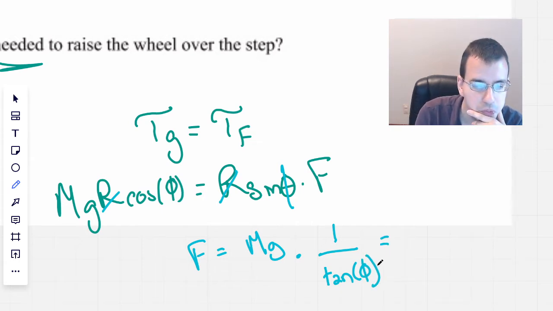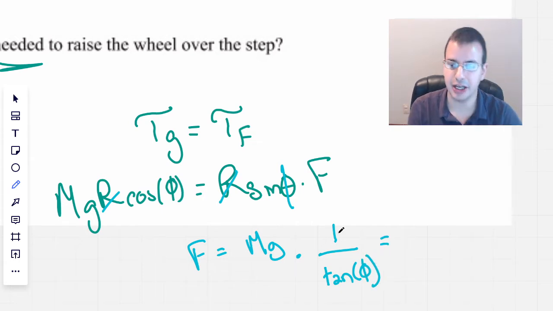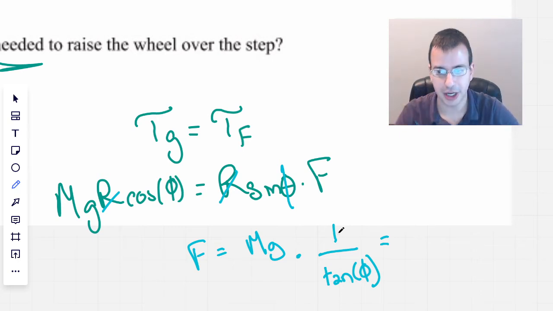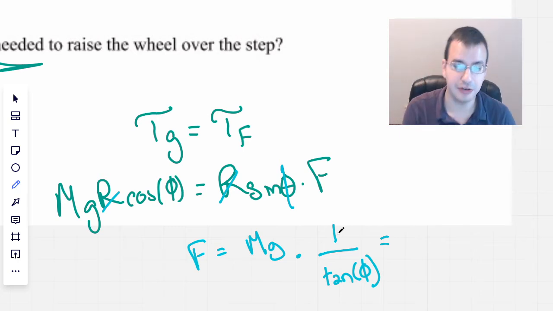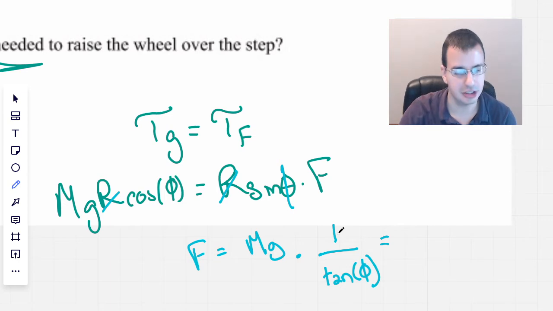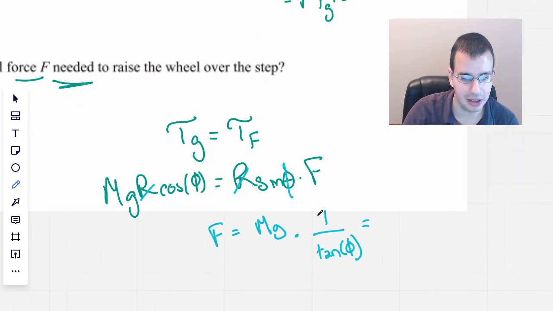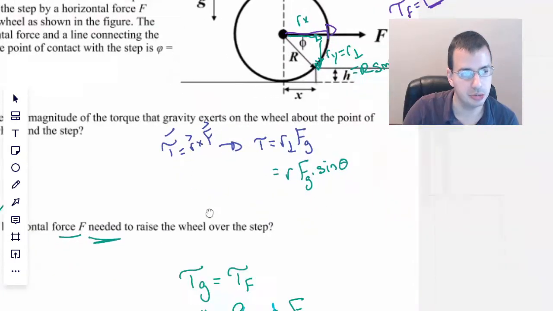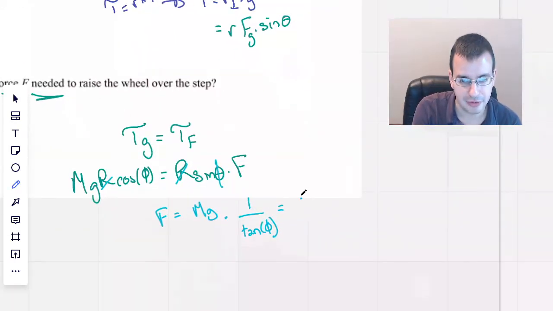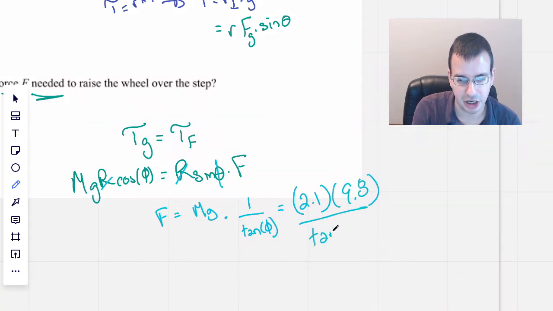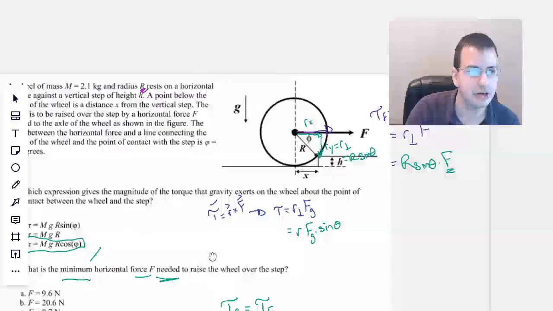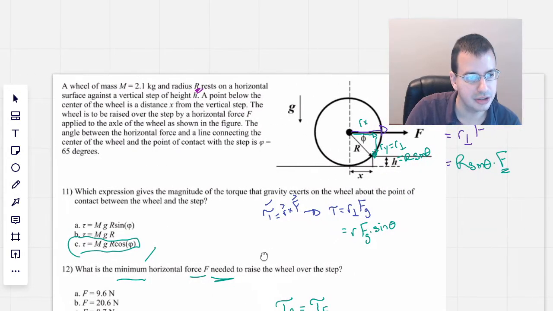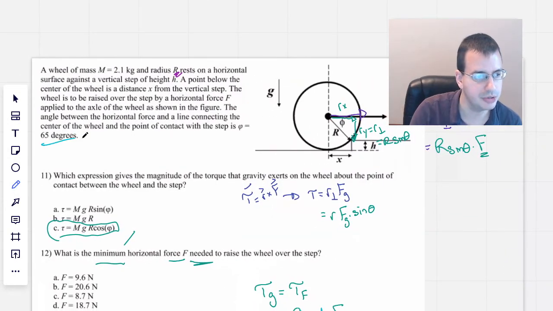Because sine over cosine is tangent, cosine over sine would be cotangent, but it's harder to do that on my calculator, so I will call it 1 over tangent. So we have 2.1 times 9.8 divided by the tangent of, I think phi is 65 degrees right here. Whoop, 65.